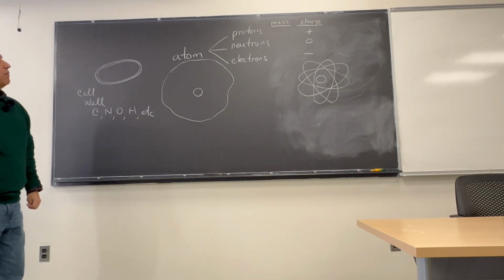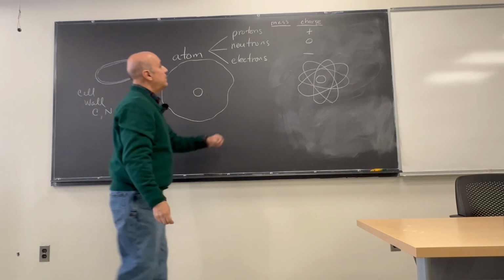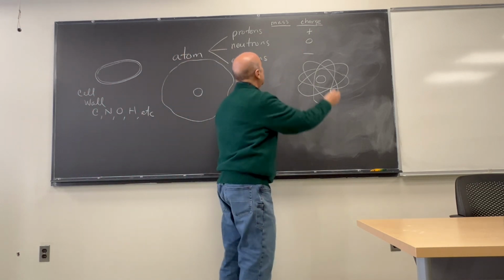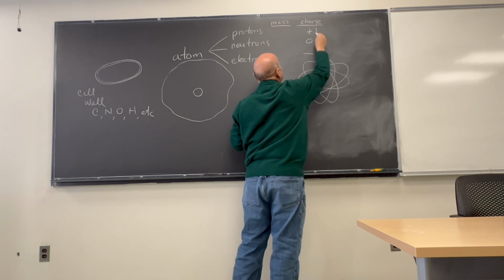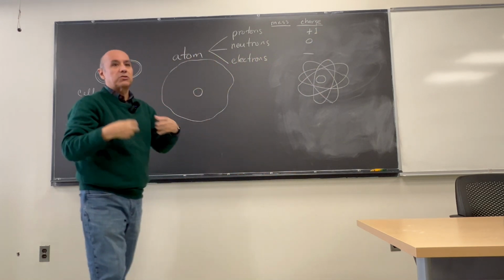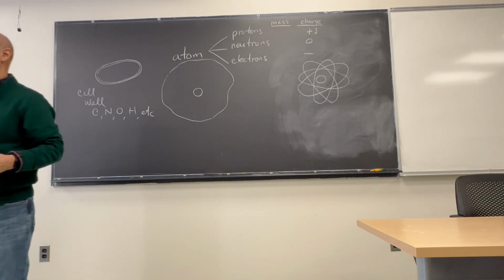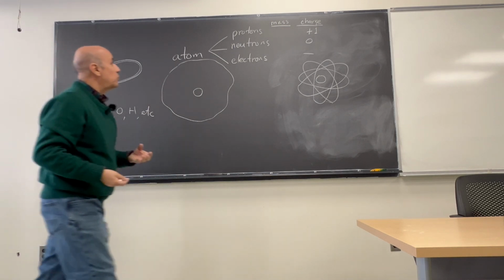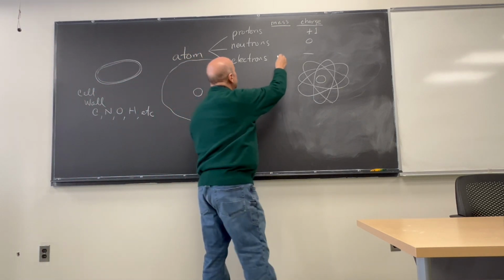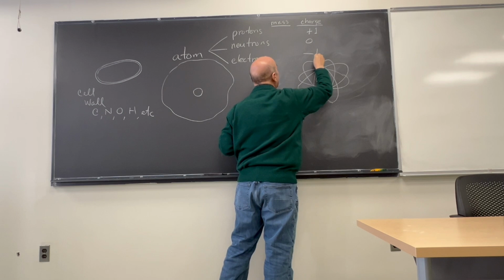Now, for the purposes of this explanation, I'm going to give them an amount. So a charge of plus is always assigned a number 1. In other words, a proton has a charge of plus 1. Not plus 2, not plus 5, just plus 1. And again, you don't need to worry about much more than that. The charge of a proton is plus 1. The charge of an electron is negative 1.